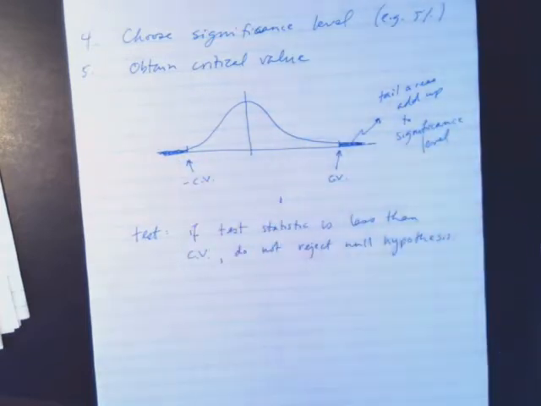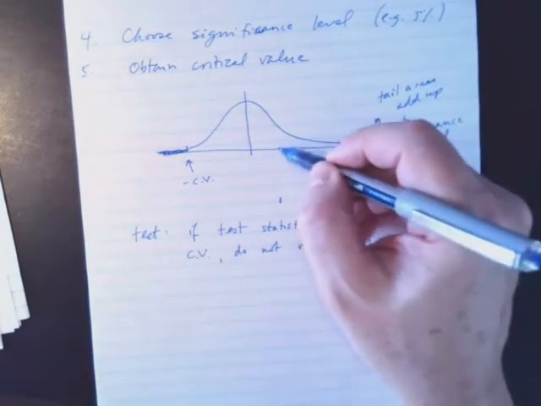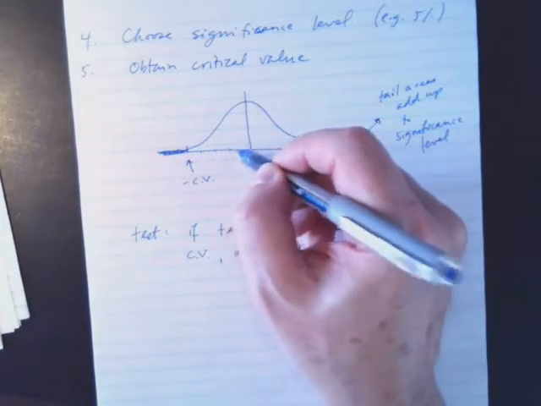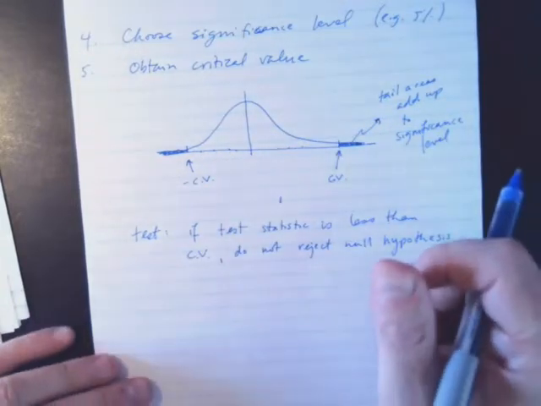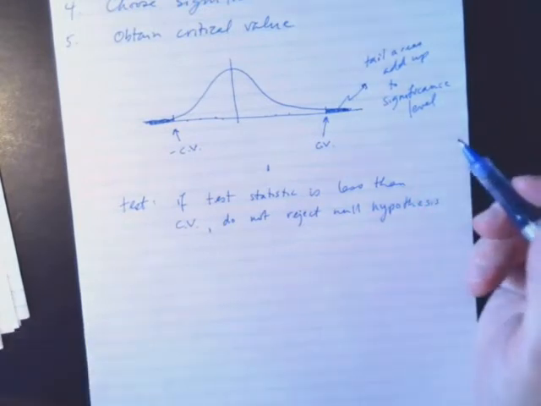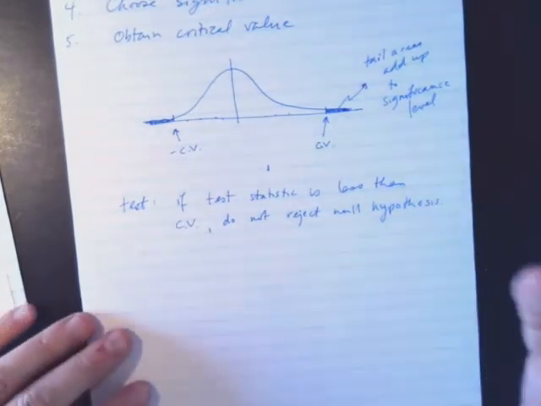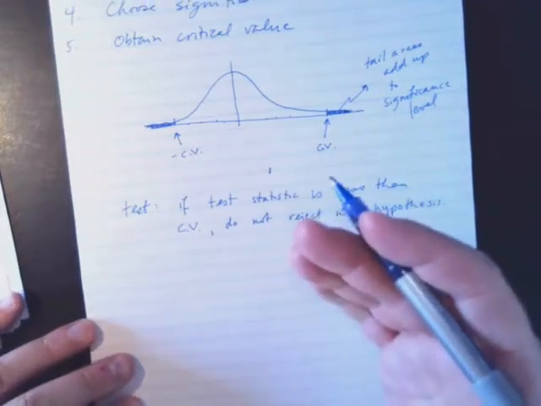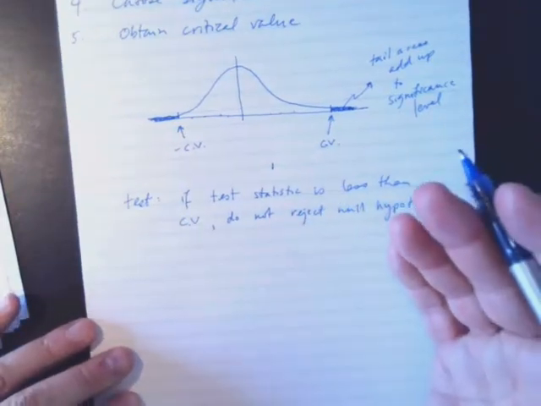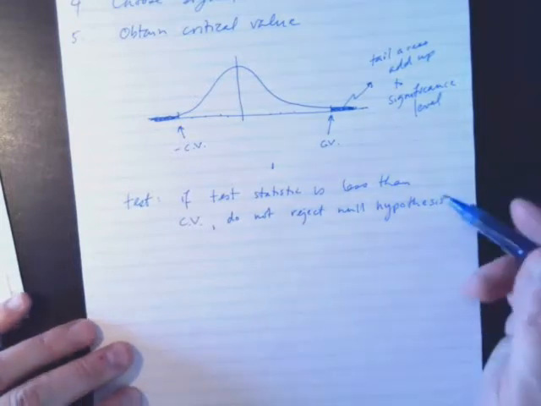So the null hypothesis is probably wrong. But if the test statistic is somewhere in the 95% confidence interval, then we don't have grounds to reject the null hypothesis. So I think in the textbook, as a shorthand, he says you accept the null hypothesis. Normally what we would say is you don't reject the null hypothesis.